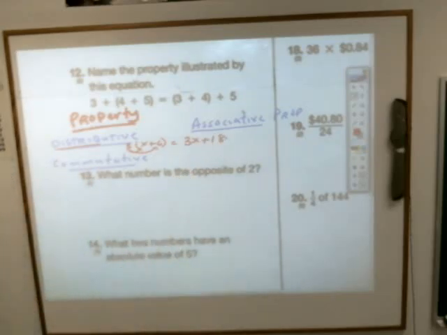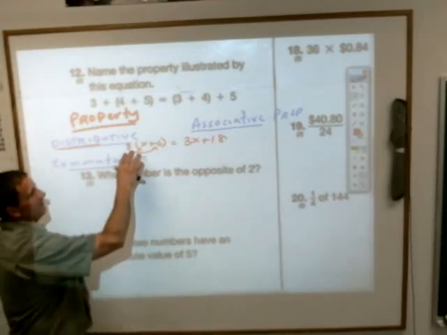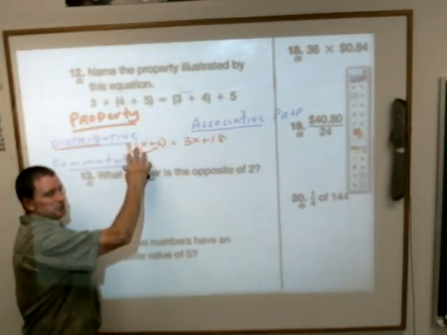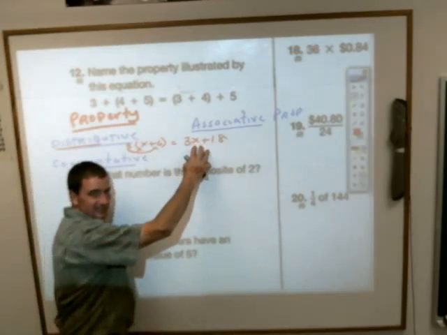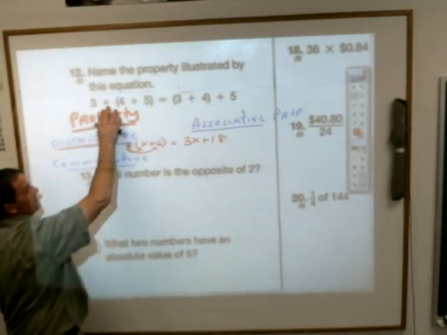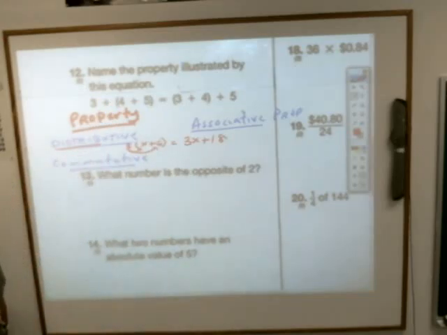Remember what else we called that last year? That's when we called it expanding. Everybody has trouble with factoring and expanding. Well, notice what happens in the distributive property is you start with parentheses, but when you end up, they go away. So this is not the distributive property.